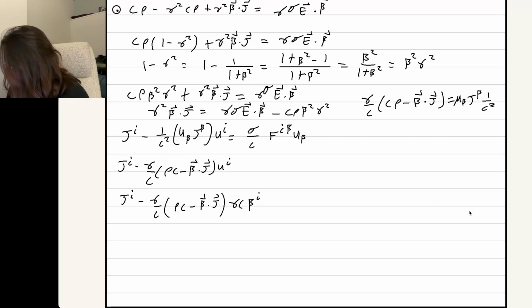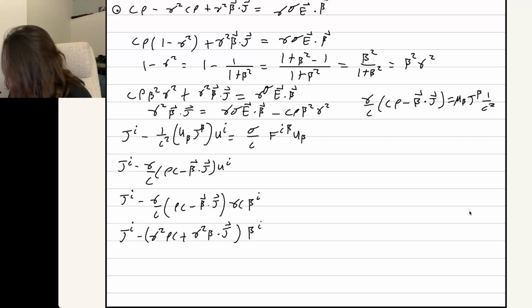And then we're going to just simplify this term a little bit more because it's going to be gamma squared rho c minus or plus gamma squared beta dot j, all of that times the i component of beta.